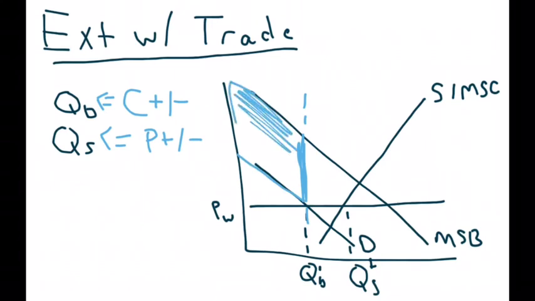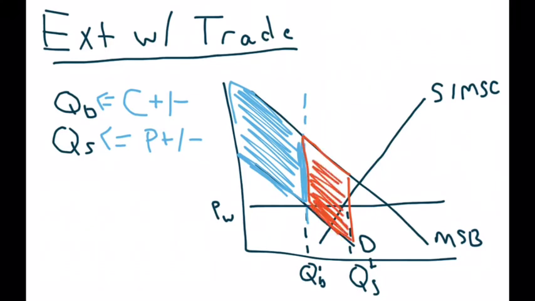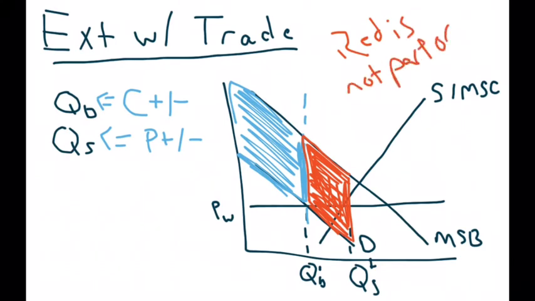So it would just be this. It would not be this extra space that I'll put in like red. We would not have all of this red stuff because we didn't consume all of these units, so we're not getting any externality benefits or costs from consumption of that. They're only associated with consumption, as the diagram makes perfectly clear. So red is not part of EB.